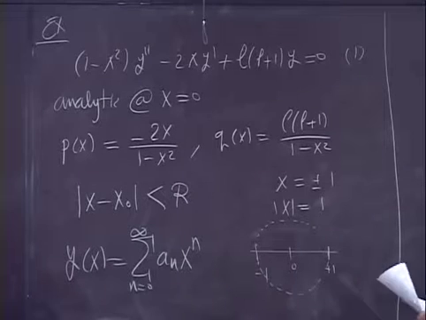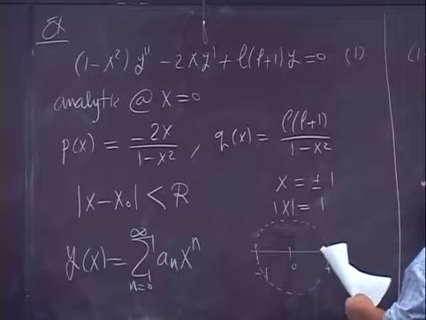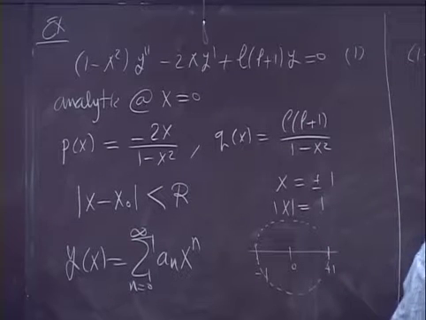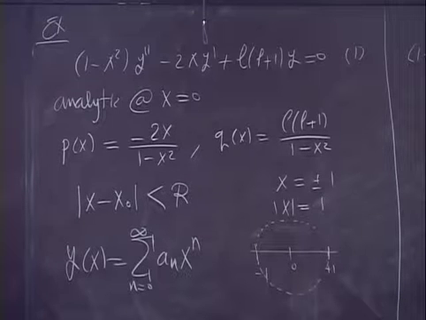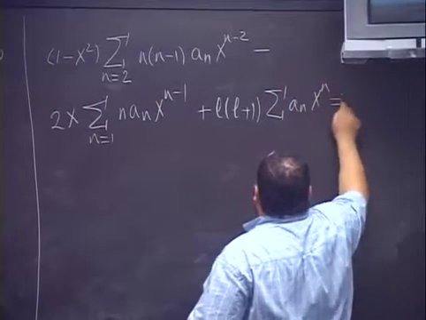Substituting, this will be (1 minus x squared) y double prime, which is the summation from n equal to 2, because you start with 2, of n(n minus 1) a_n x^(n minus 2), minus 2x multiplied by the summation from n equal to 1 of n a_n x^(n minus 1), plus l(l plus 1) multiplied by the summation of a_n x^n, equal to 0.